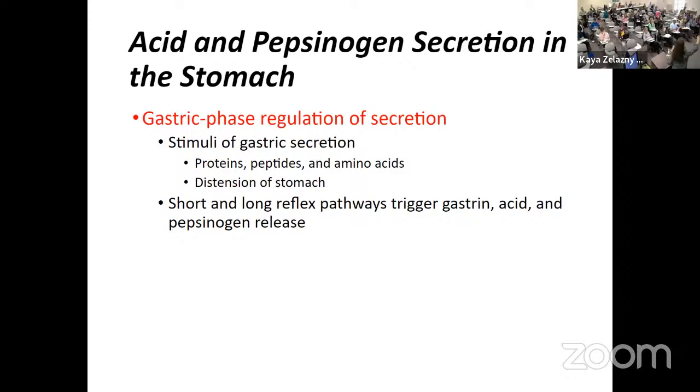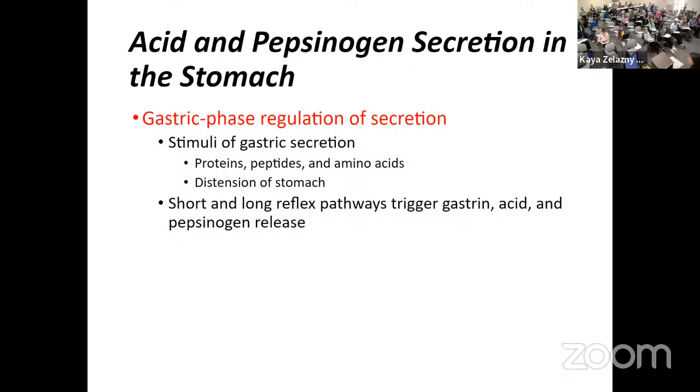So for gastric secretions, we're really interested in protein digestion specifically, because it's that turning pepsinogen into pepsin by activating it using that acid that we're concerned about in the stomach, right? Stomach is really the start of protein digestion specifically.